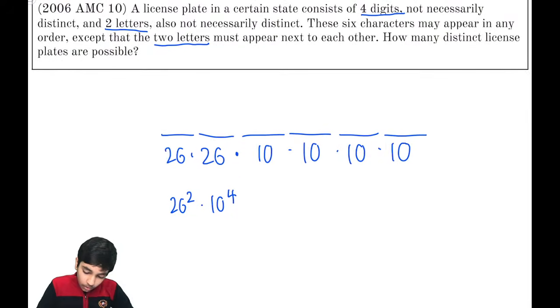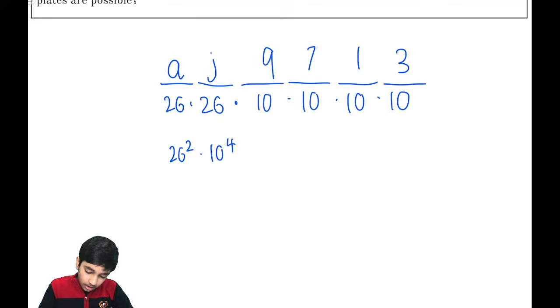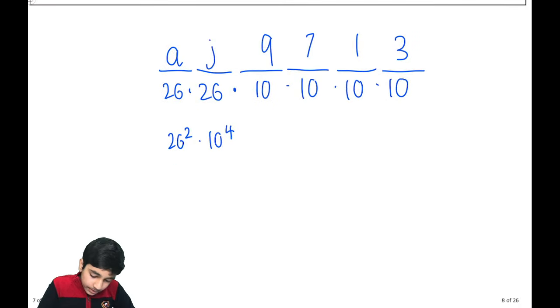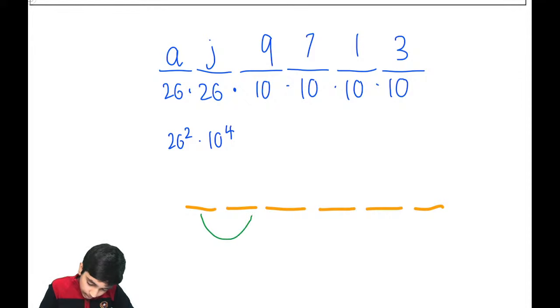But then, let's say this is A and J. Maybe this is 9, 7, 1, 3, just as an example. But now the A and J do not necessarily have to go in the first 2 slots. If you have 6 slots, we can have the 2 letters go here, here, here, or here, for a total of 5 different possibilities where the letters can go.